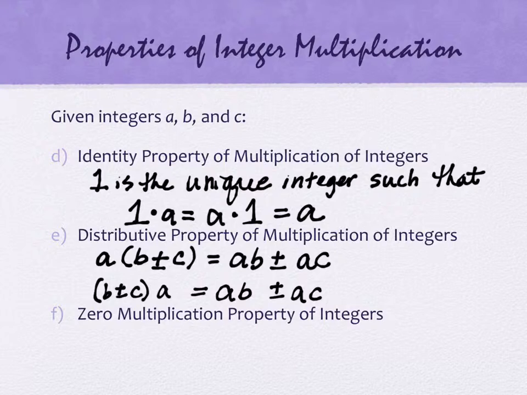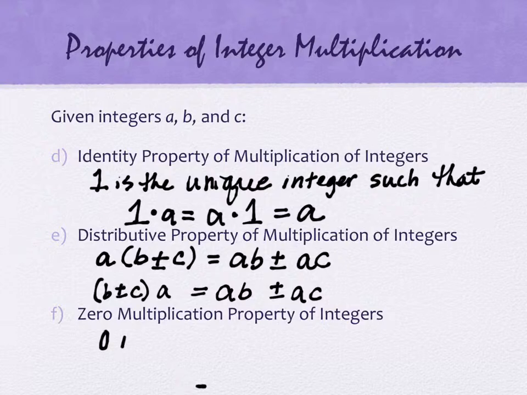Multiplication is commutative. And then the last property is the zero multiplication property of integers. Same zero multiplication property that we had when we did it for whole numbers. What is true about 0? A times 0 equals 0 times A, which equals 0. You get zeros. It zeroes everything out. And it's the unique integer that does that.